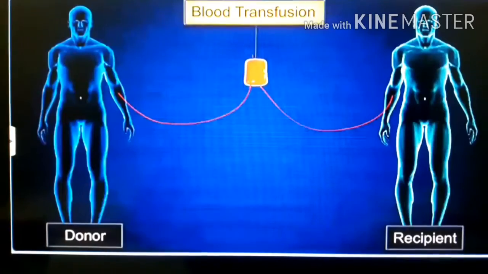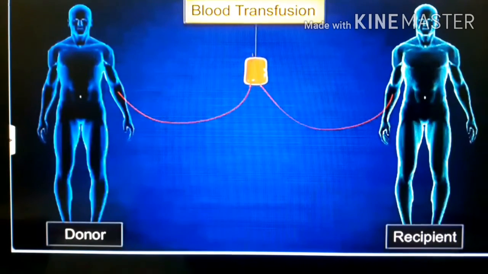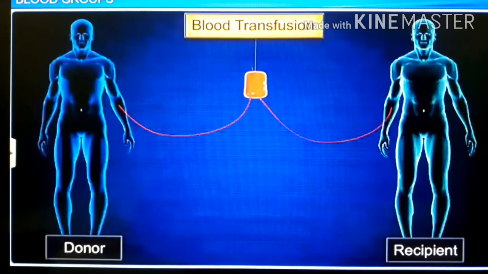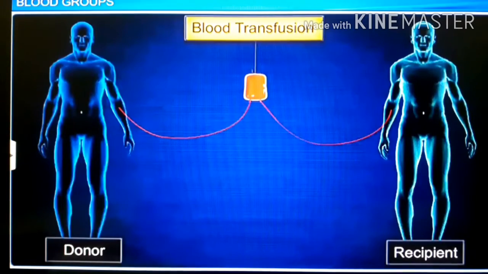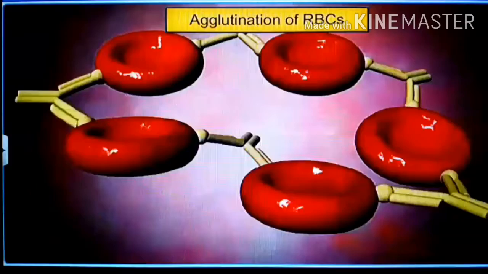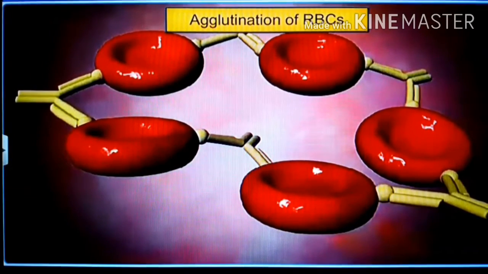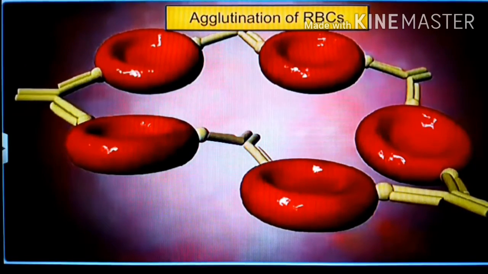So how do we need to match the blood groups before blood transfusion? It is extremely important to match the blood groups before blood transfusion because if the blood of the donor does not match with the recipient, the red blood cells would clump or agglutinate and that can be fatal also.